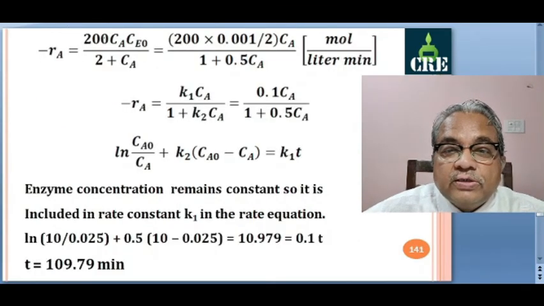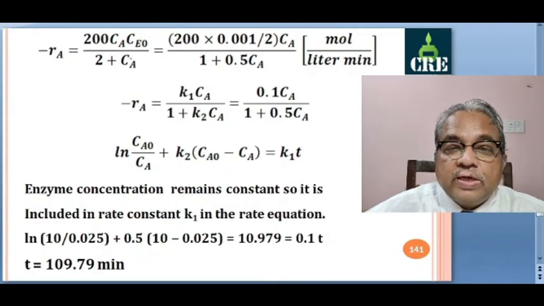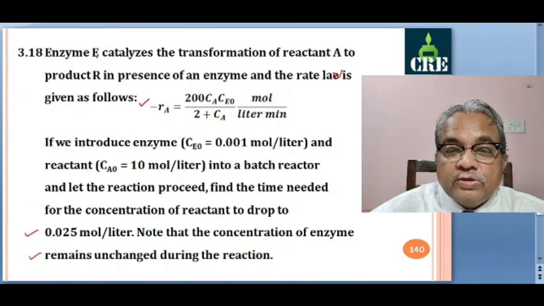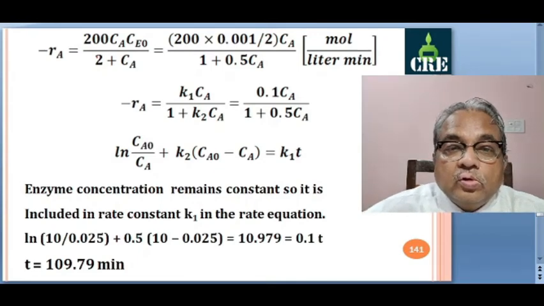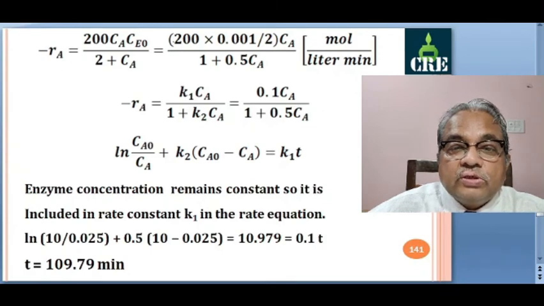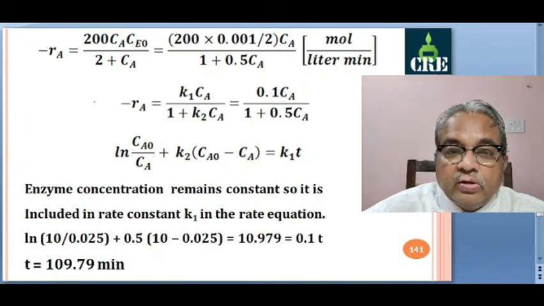So we have 200 Ca Ce0 by 2 plus Ca. What is Ce0? 0.001. So 200 into 0.001, that is the value of Ce0, into Ca. And here I want to convert it so that I get 1 plus K2 Ca kind of thing in the denominator, comparable with this. So I am dividing by 2.